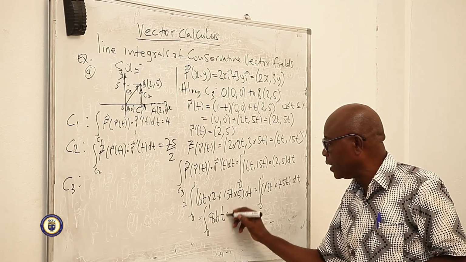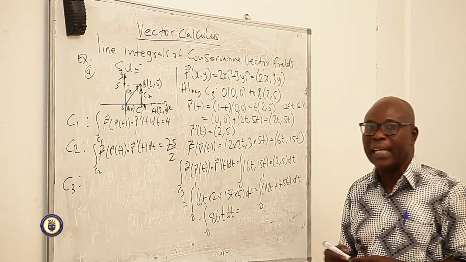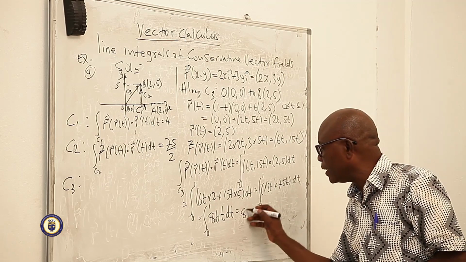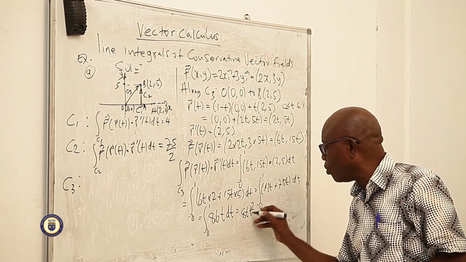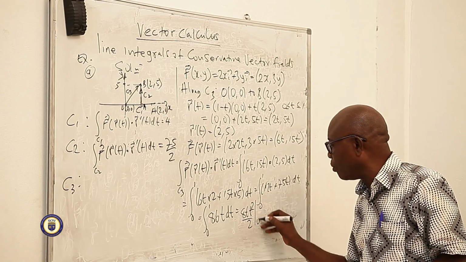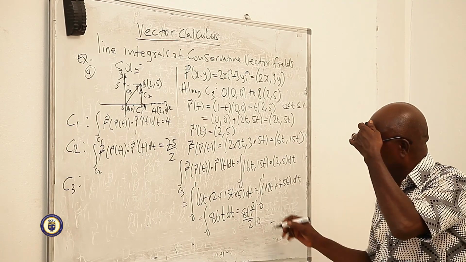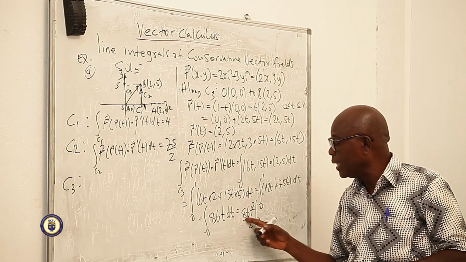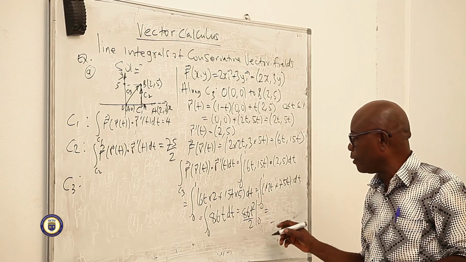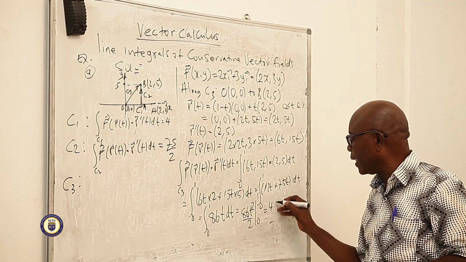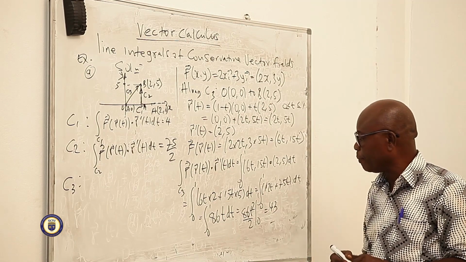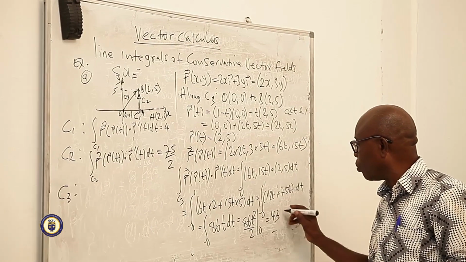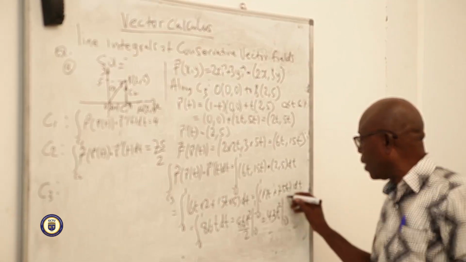If you integrate 87t with respect to t, we'll have 87t squared over 2, with the limit from 0 to 1.